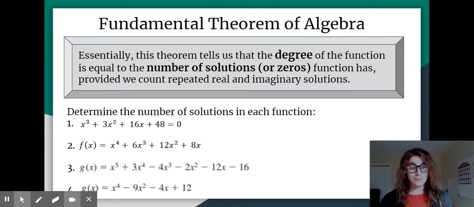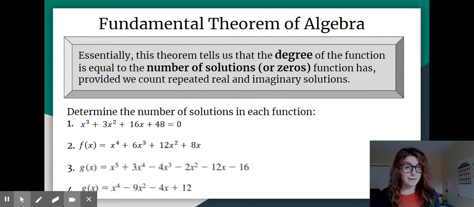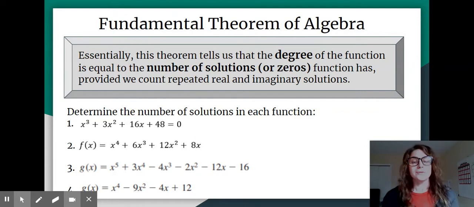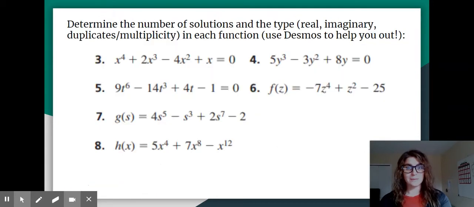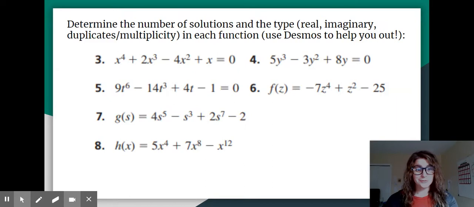Okay. And again, remember with things like quadratics, they might never even touch the x-axis, which means they're all going to be imaginary solutions. Okay, so we want to keep that in mind as we go through this chapter. And we're just going to continue to practice.